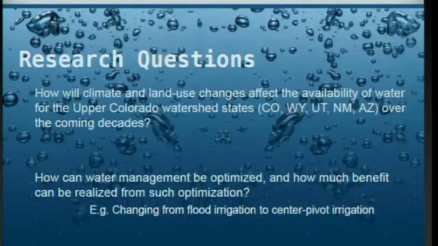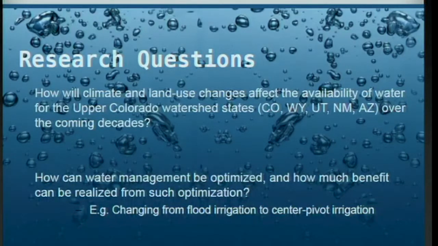Okay, so there's two primary research questions we want to answer. First, how will climate and land use changes affect water availability? We want to be able to run decadal simulations with wet, dry, and normal scenarios, and see the risk of what's the chance of us getting below a certain amount of water input into Lake Powell.